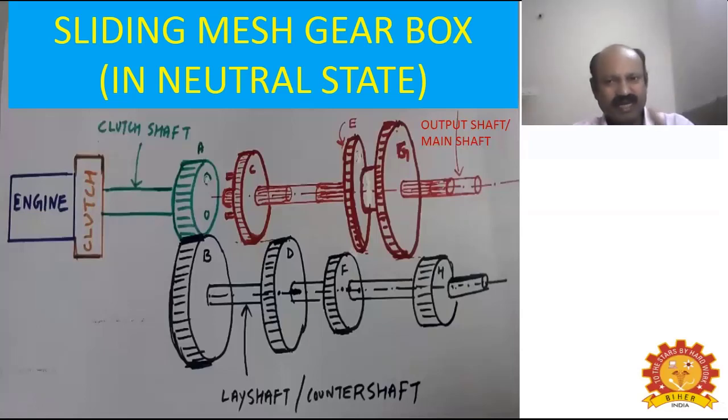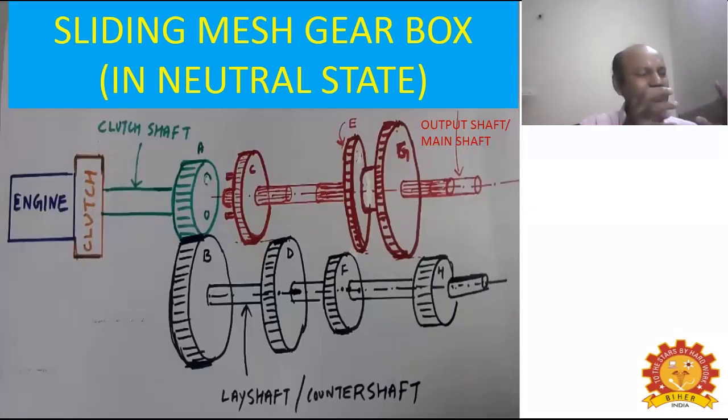When the driver puts the top gear, gear C will be moved to the left side, and when it is moved left, it gets engaged with the gear here using projections or dog clutches.